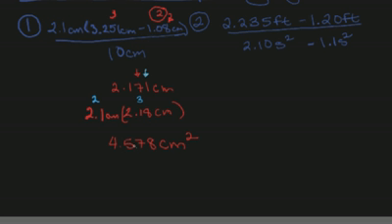Well, I have to change that into 2 sig figs. So if I look at the number after the second sig fig, which is this 7, that's greater than 5, so I change this 5 to a 6. So it becomes 4.6 centimeters squared.